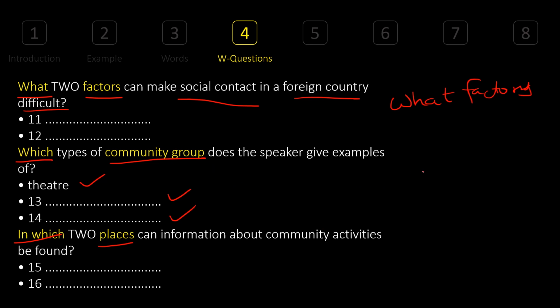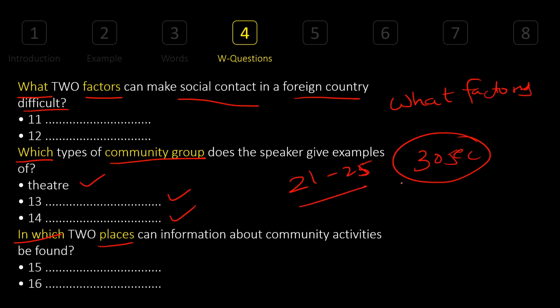Now, while you're listening to the audio, of course, you cannot read everything at the same time. You are supposed to read this when you are given 30 seconds before the question slot. Let's say they'll say, please read the questions between 21 to 25, and then you hear the audio.